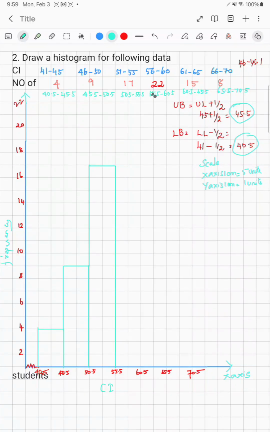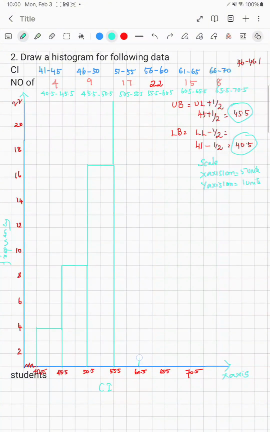So next one is 55.5 to 60.5. The frequency for this class interval is 22, the topmost. So I will start from here and draw a line carefully until 22. Now from here slowly, the graph has moved away slightly.